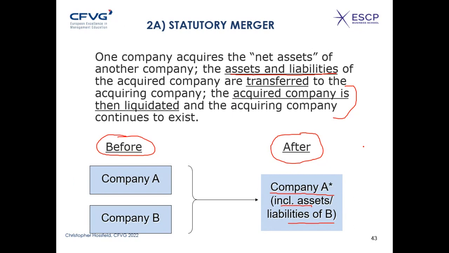All those factories and machines will continue to operate, but now they will operate within company A. So in a statutory merger, we have two legal entities before the deal. After the deal, only one legal entity remains, but economically, both the activities of A and B continue. That's called a statutory merger.